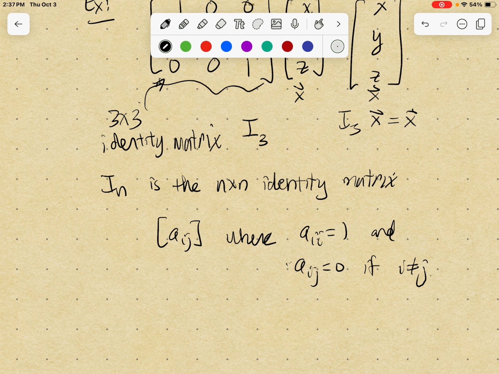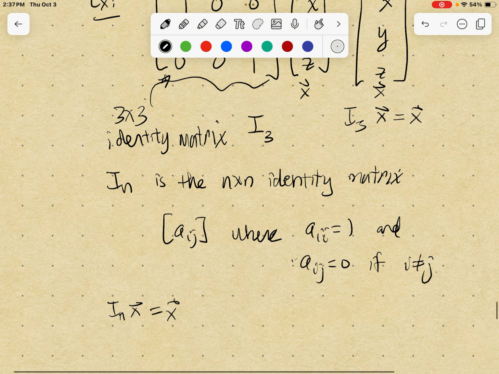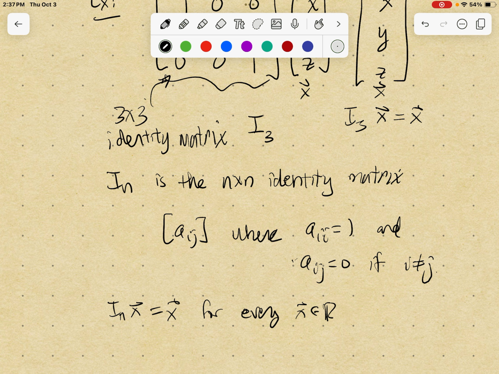And this matrix has the property that In times x is x for every x in Rn.